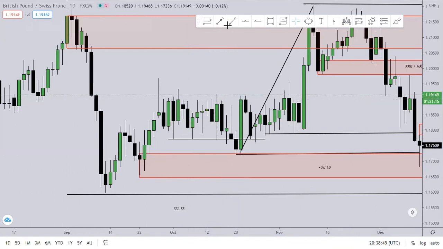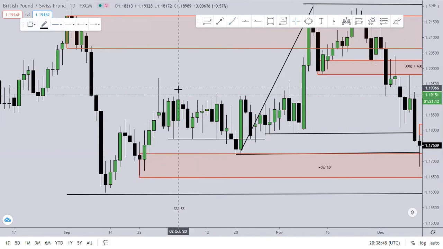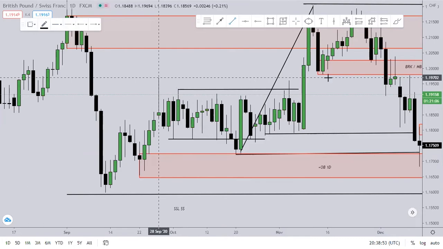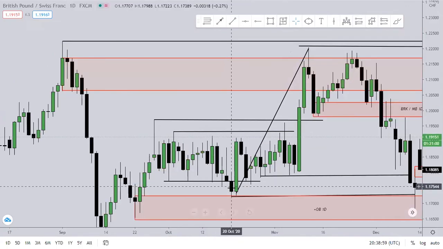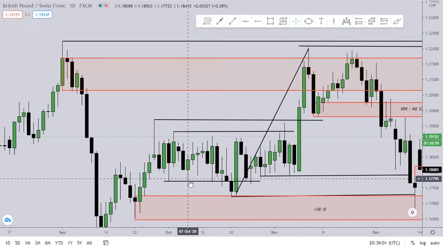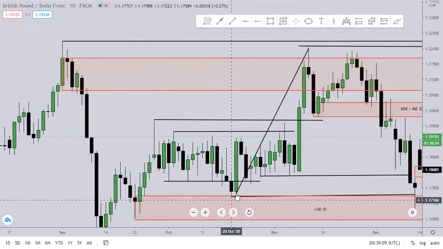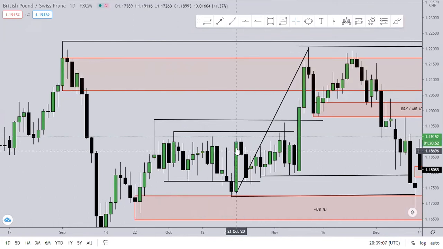Look, sell side liquidity right here. Sell side liquidity right here. Now the market has come back. It has cleared these equal lows down here, traded into this bullish order block. Then we had a what? A spring or a spike. Do you get me?